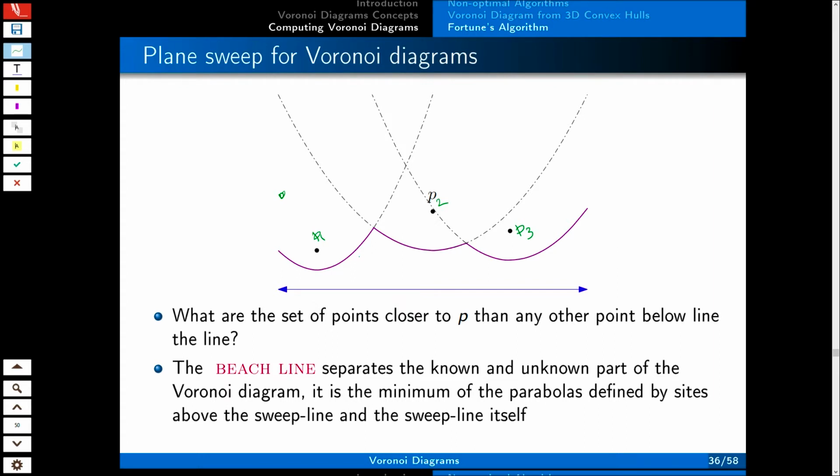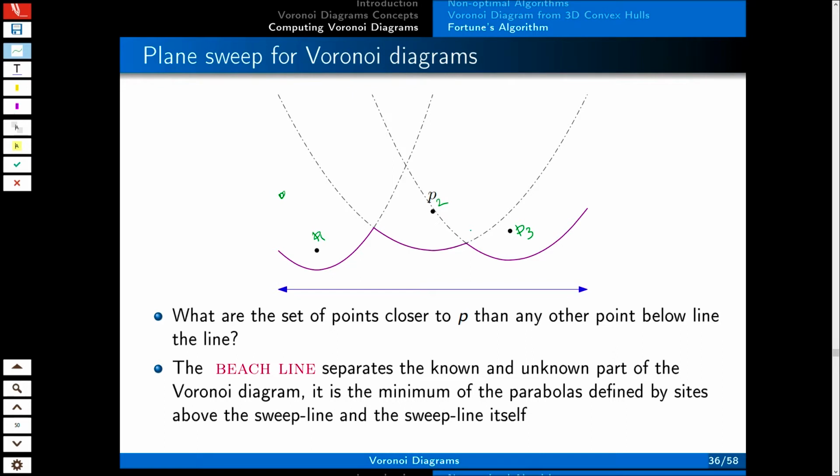So, this curve is called a beach line. Why? Have you seen the patterns the water makes on the beach? It looks like this. So, we have two curves. One is a sweep line, another one is a beach line.